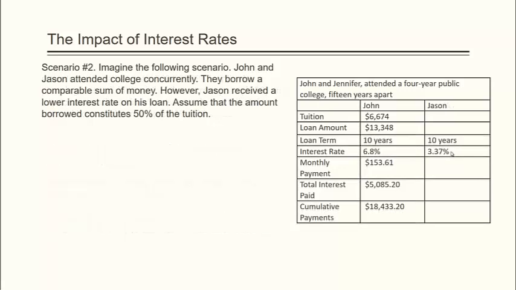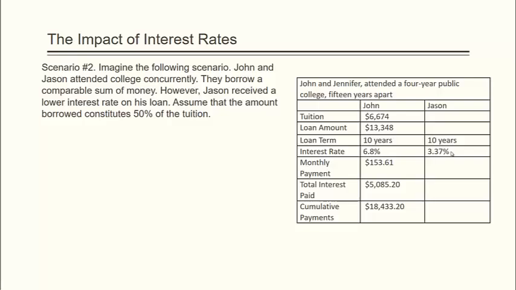Scenario 2. So imagine that John and Jason attended college concurrently, so at the same time. They borrow a comparable sum of money. However, Jason received a lower interest rate on his loan, and assume that the amount borrowed constitutes 50% of the tuition.